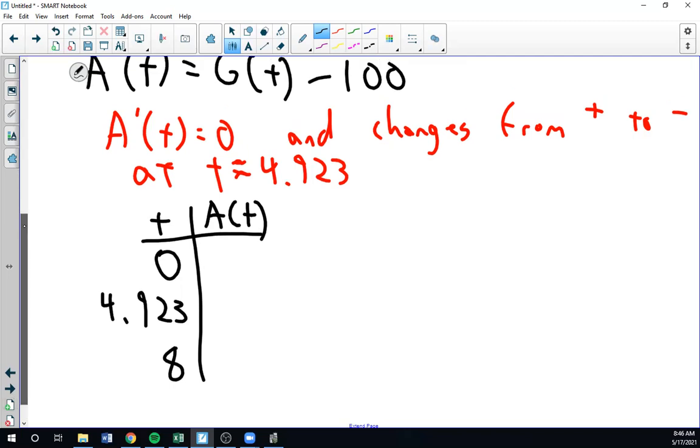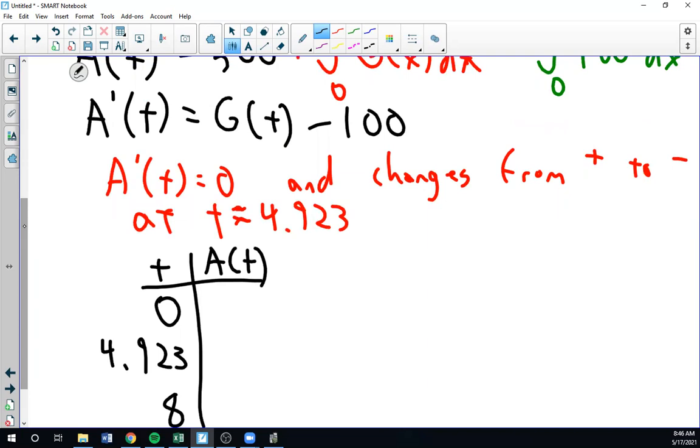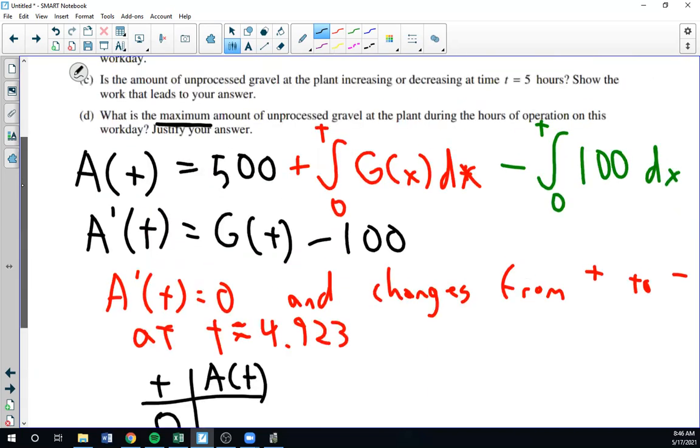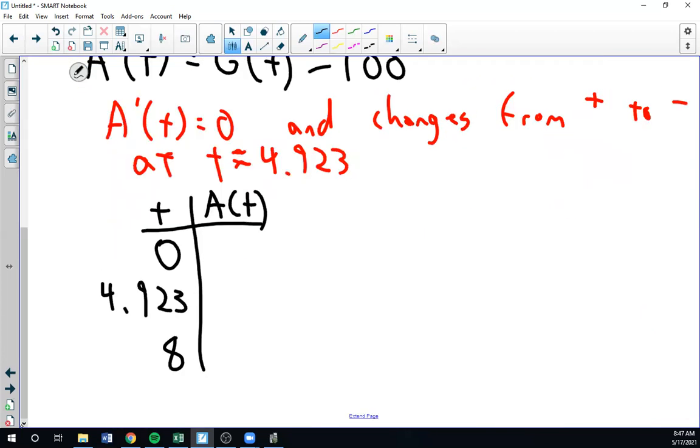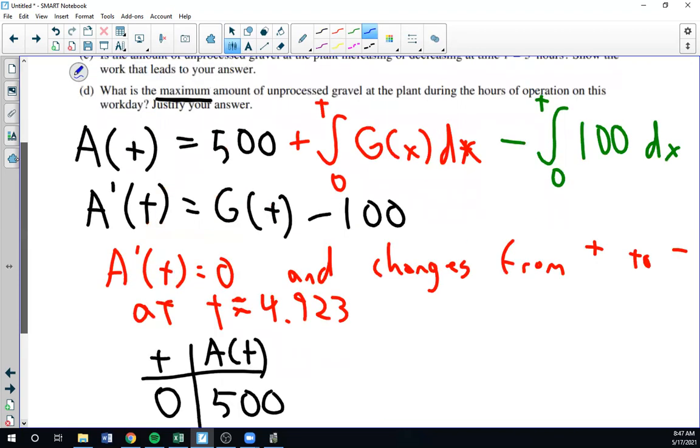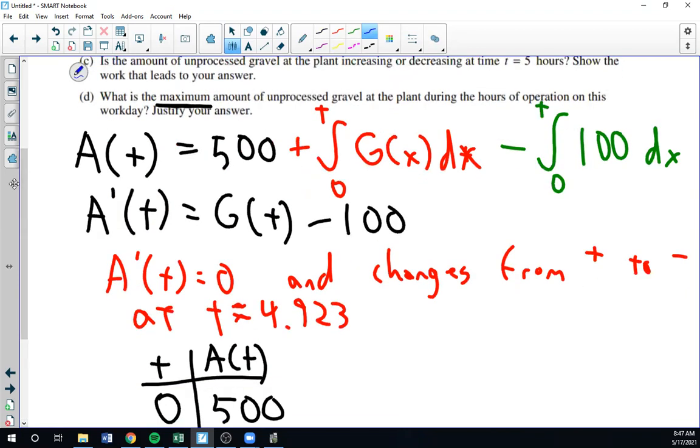First off, we know our amount at 0. What's our amount at 0? At 0, the plant has 500 tons of unprocessed gravel. So we start at 500. And then let me jump to 8.